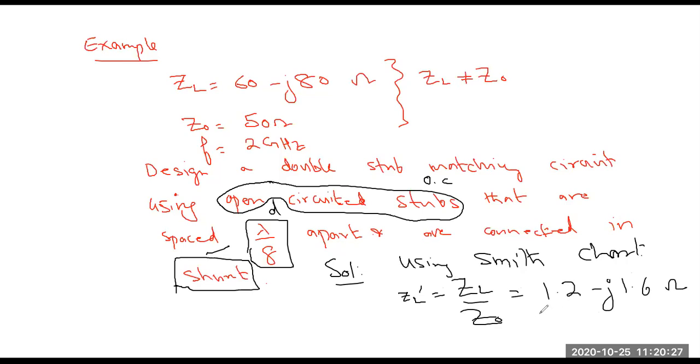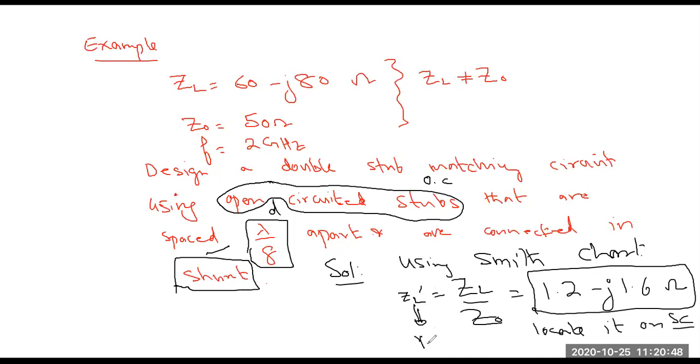Then find the location of this point on the Smith chart. Locate it on the Smith chart. Once we locate it, the next thing we will do is transform this ZL dash into YL dash.